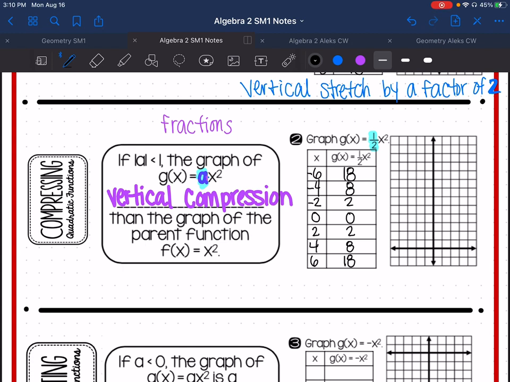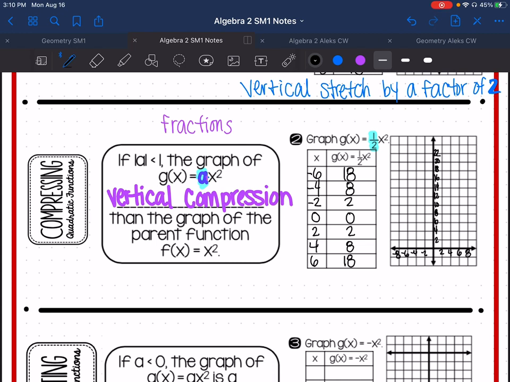So I'm going to go by twos again on my X-axis and my Y-axis. So I'm just going to go ahead and put them in: 10, 12, 14, 16, 18, 20, 22. And then I'm going to go by twos down here as well, just so that everything will fit.